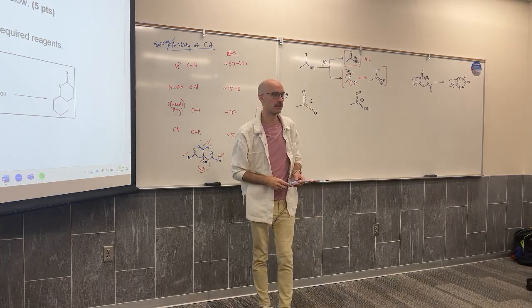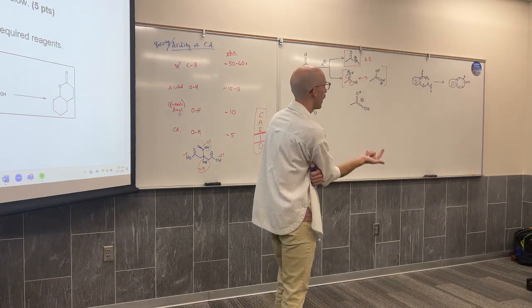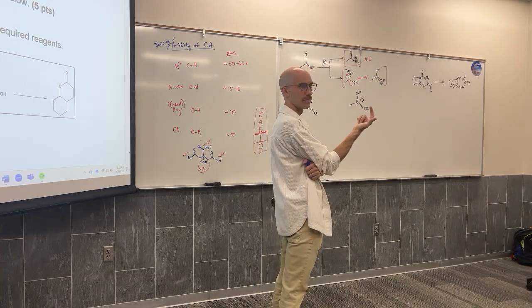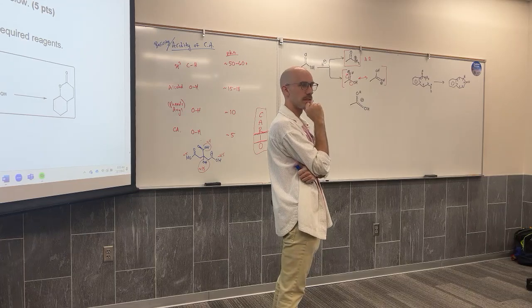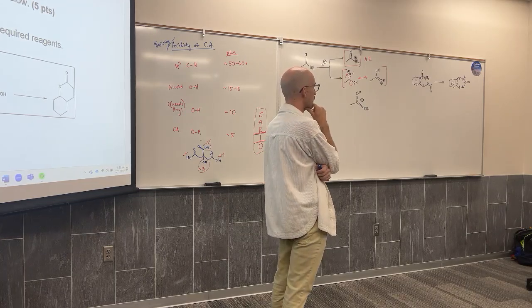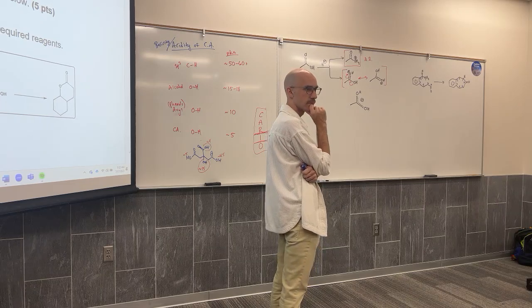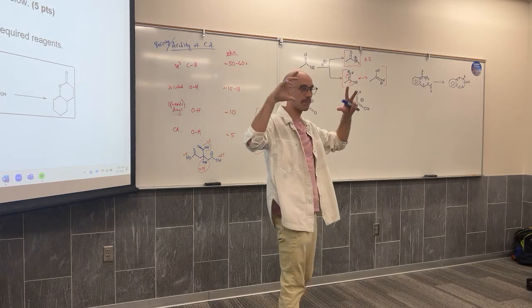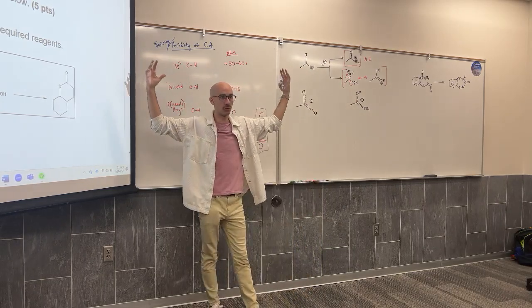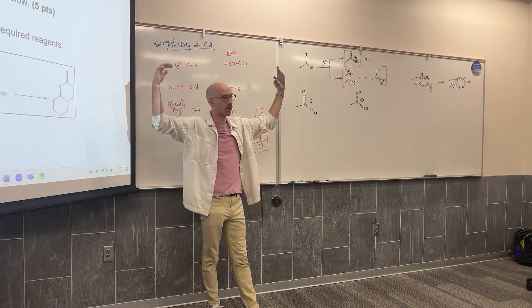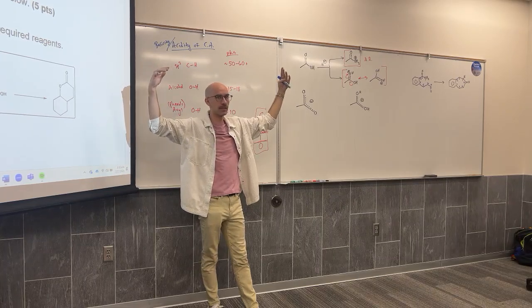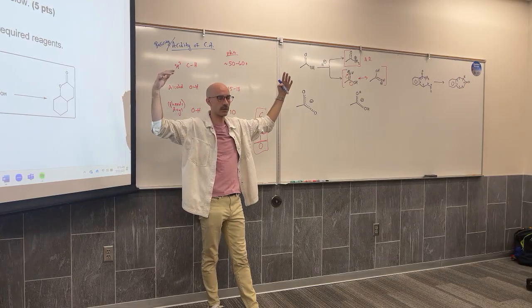Here's my recommendation. Think about how to form the amide. What have you seen? What ways can we form amides? That would be that one big graphic that I gave you that had all of the acid derivatives and carboxylic acid and showed their connections.